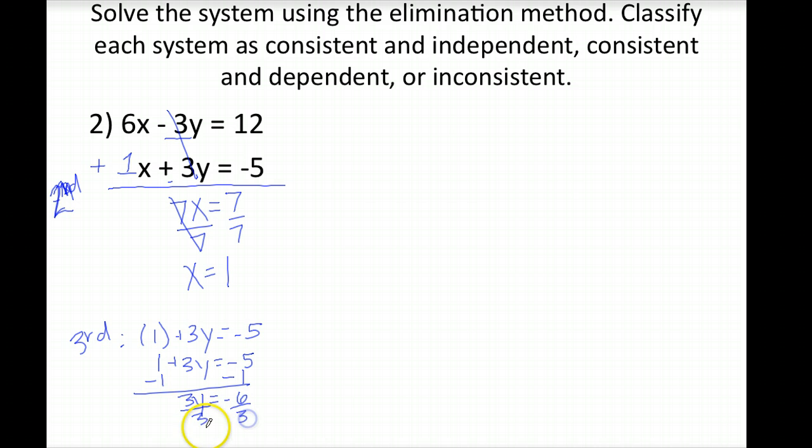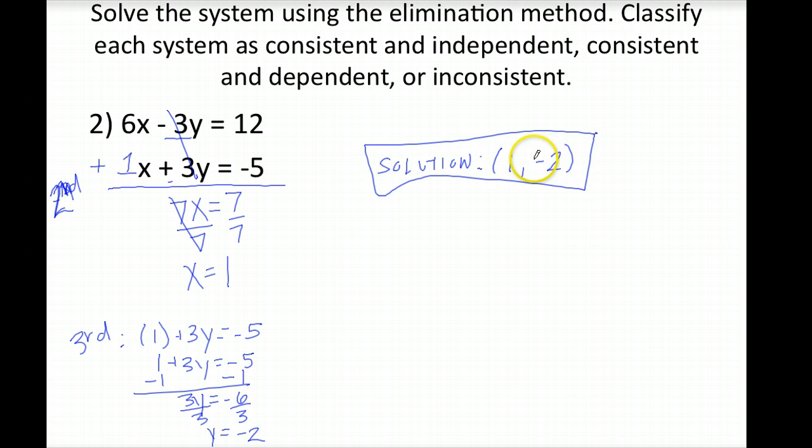Divide each by 3, so y equals -2. So our solution here is (1, -2). Now once again, since we have one solution, if we substitute 1 in for x, -2 in for y to produce a true statement in both of these, we have a system that is consistent and independent.